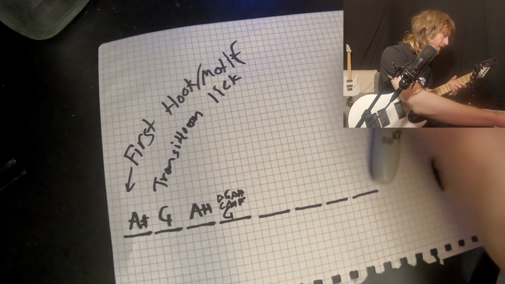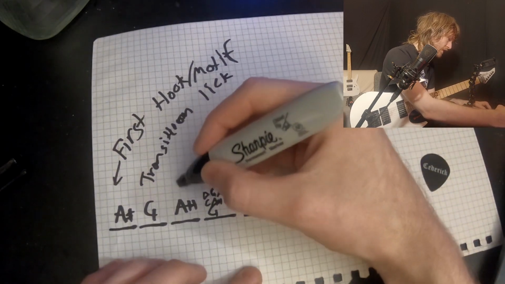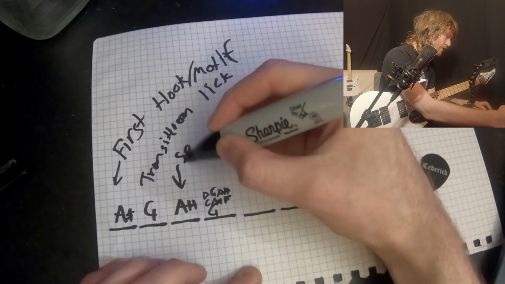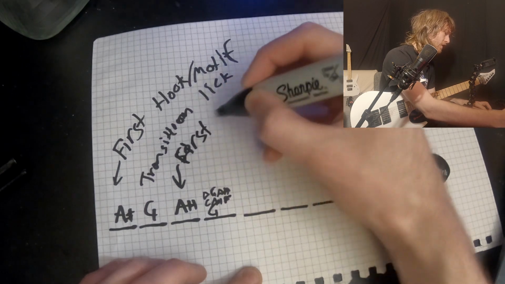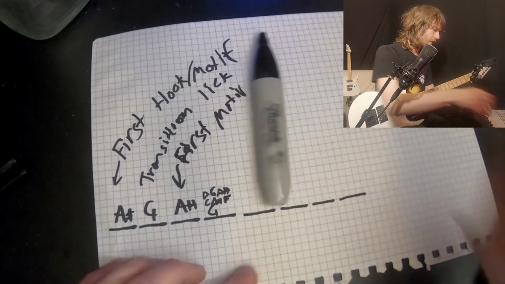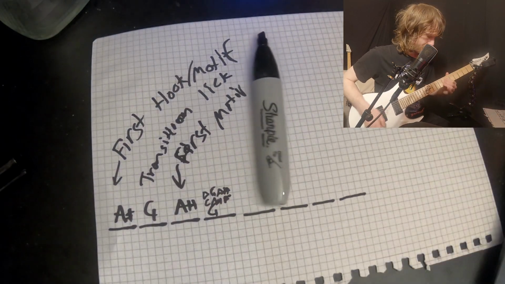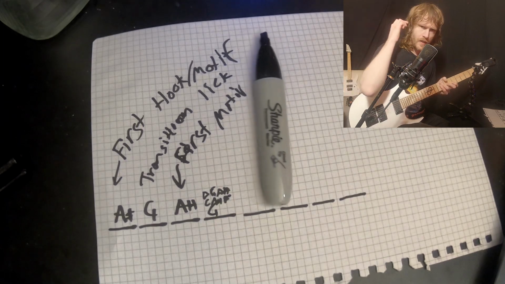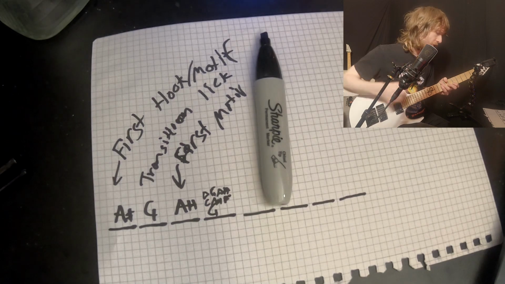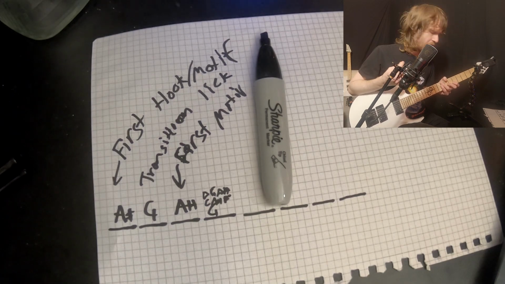because then this motif comes back again here on the D. So I call this the first motif because I go back into the exact same thing again. And that is to create a more memorable part of the solo for the listener, because it's actually repeating.